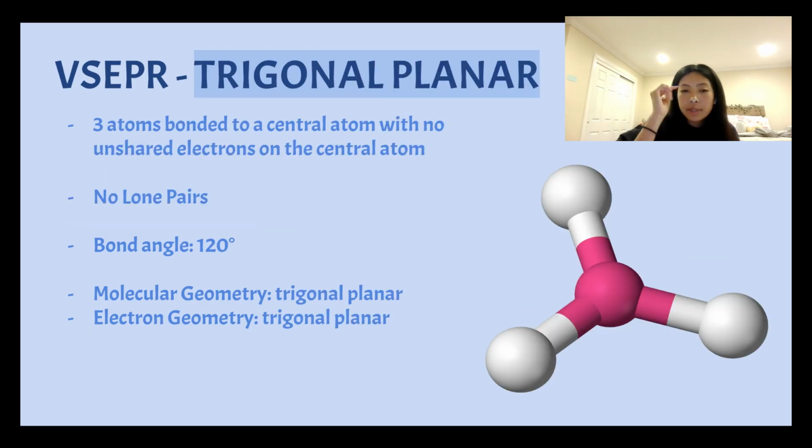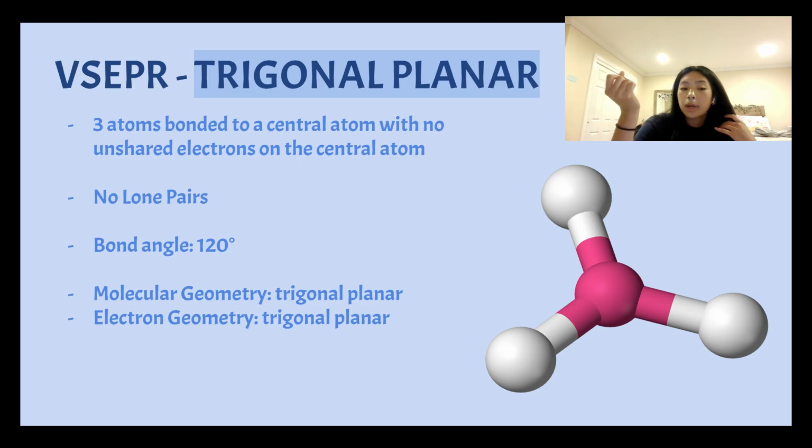Okay, the next shape is trigonal planar. So this is when 3 atoms are bonded to a central atom with no unshared electrons on the central atom. For trigonal planar, there are no lone pairs, which means the central atom does not have extra electrons.